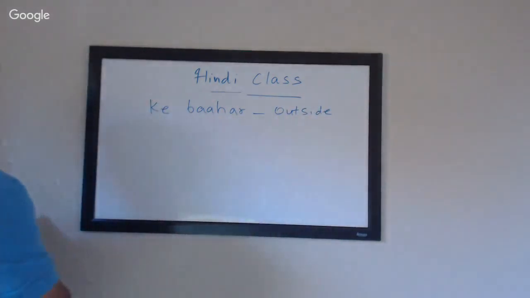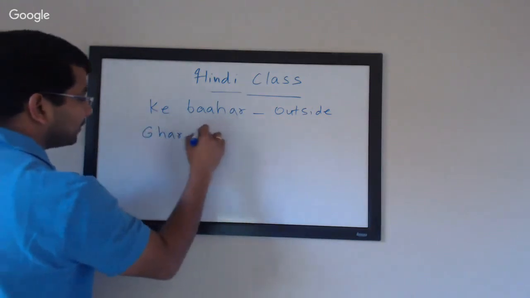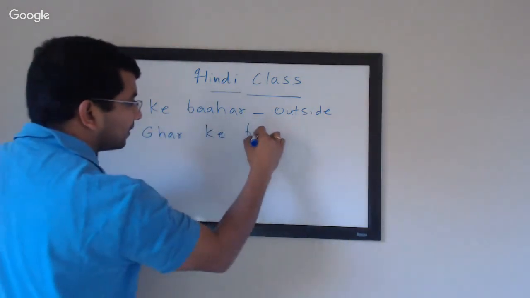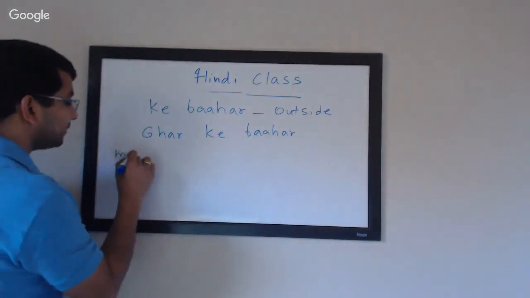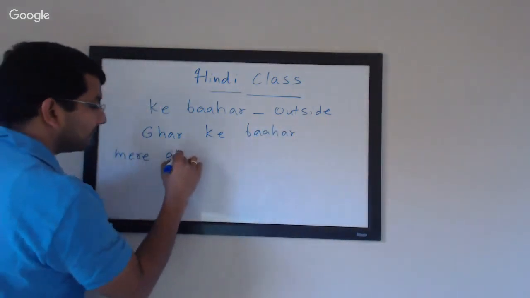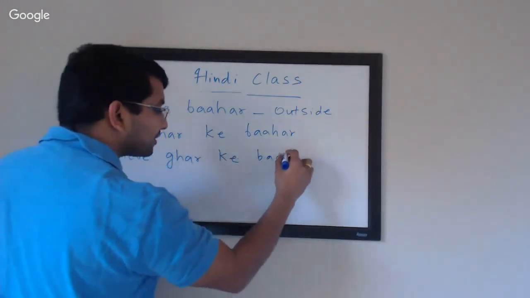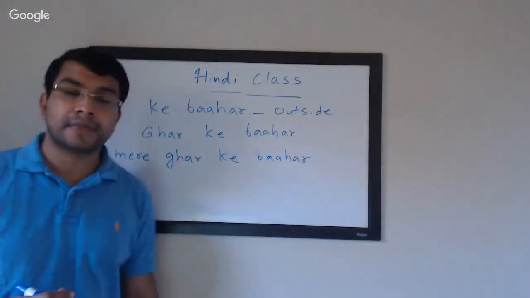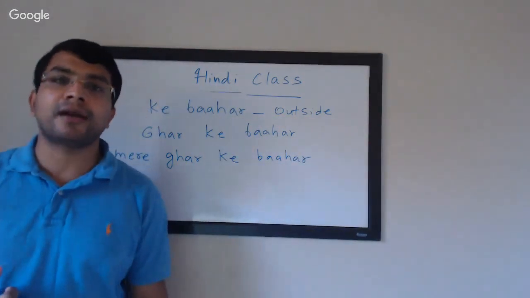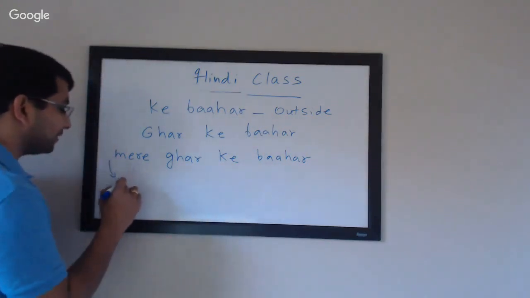So same example that we tried, we can try here also: घर के बाहर, घर के बाहर, outside the house, or you can say मेरे घर के बाहर, outside my house, if you want to make it a little bit more interesting. Or if you want to say there's a very beautiful garden outside your house, why don't we try that, just for the sake of it?